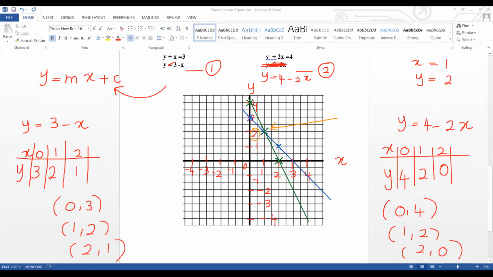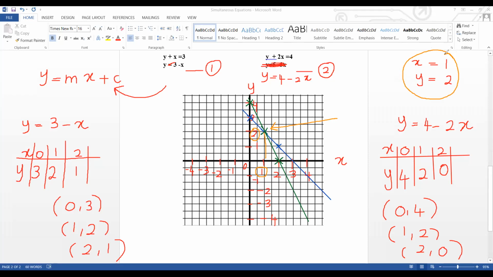And when you come according to the x side, 1 is the value. That means from the graph, we get the values as x equals 1 and y equals 2. Can you remember? See, these are the values that we got from the simplification method. By drawing the graph also, we got the same answers.